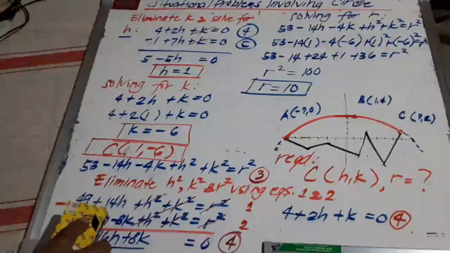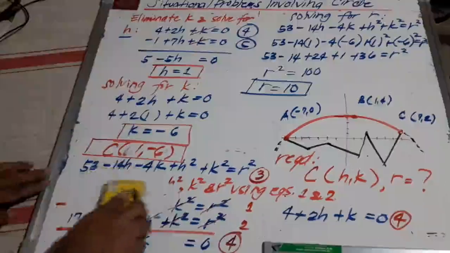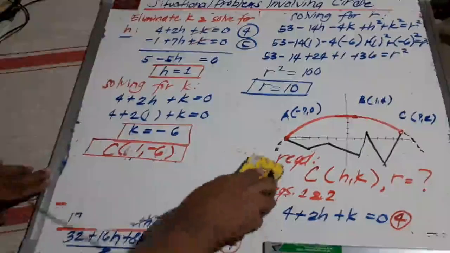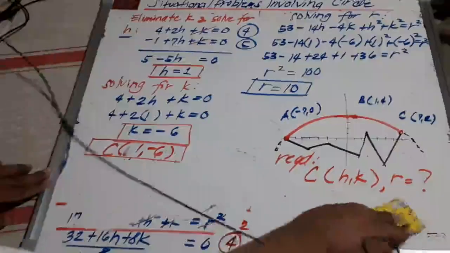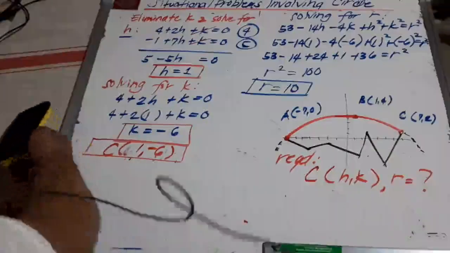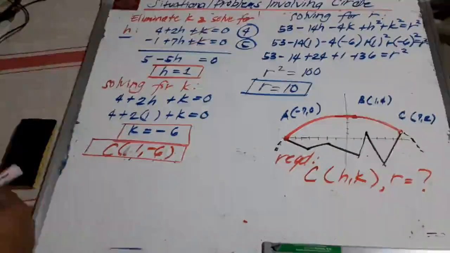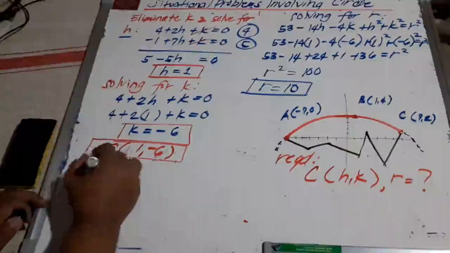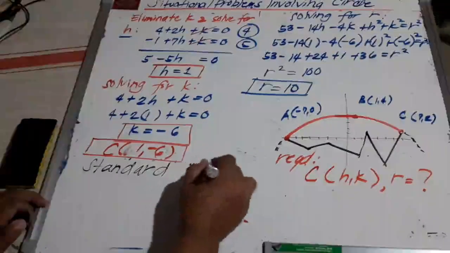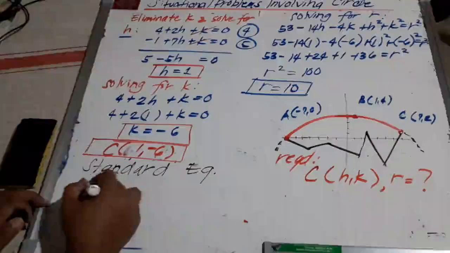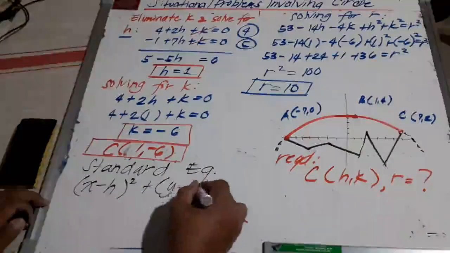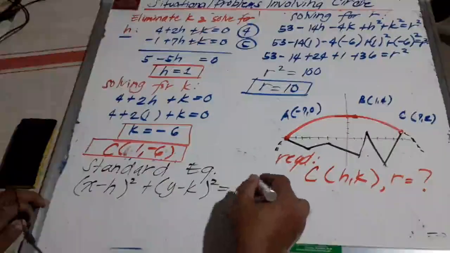Burahin ko naman to. So, ang standard equation of the circle na pinapahanap sa atin will be (x minus h) squared plus (y minus k) squared equals r squared.